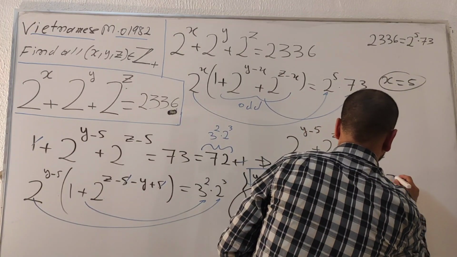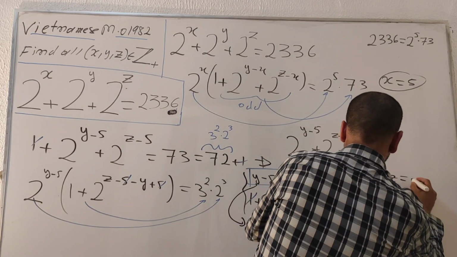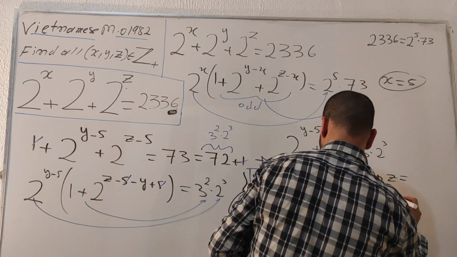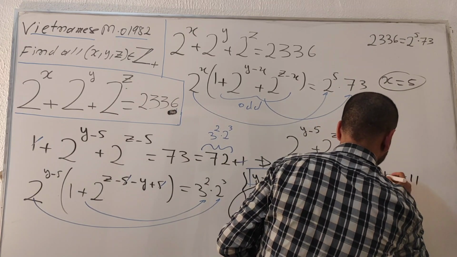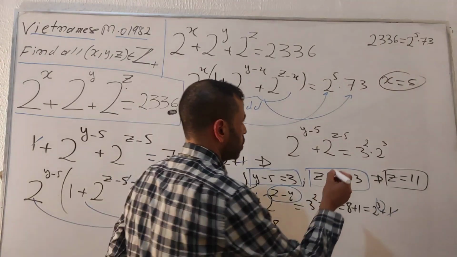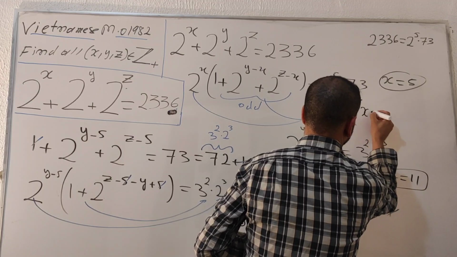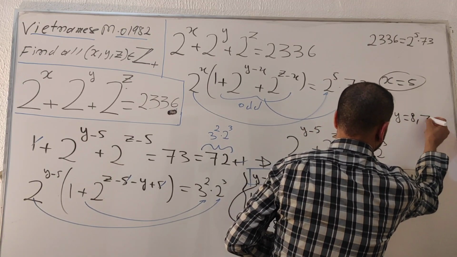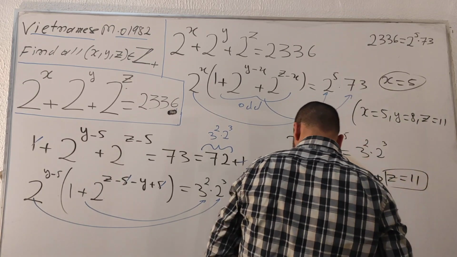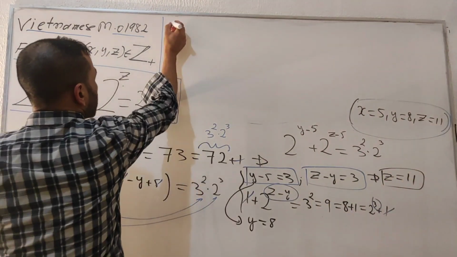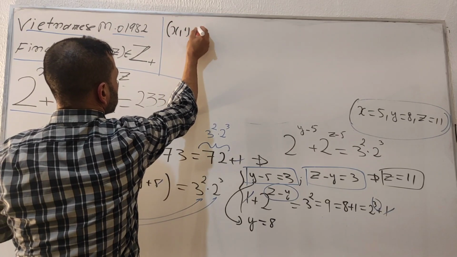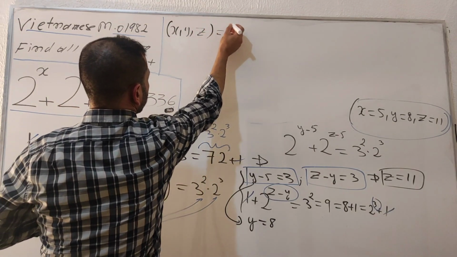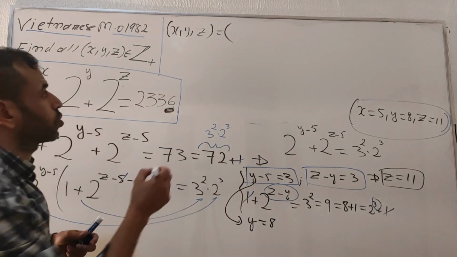So z equals 3 plus y, which is 11. Okay, we get the following solution: x equals 5, y equals 8, and z equals 11. So we get x, y, z as a solution. Okay, so we get the first solution.